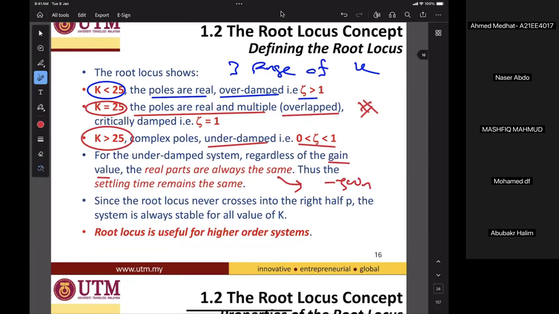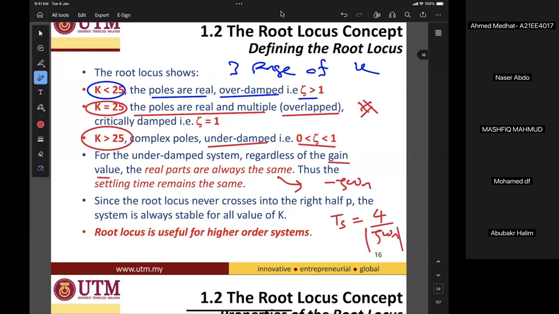We learned already the formula for settling time, 4 divided by zeta omega n, which is a modulus, a positive value. Even though the value is negative, we take the modulus value. So since for any gain value the real part is always the same, 4 divided by zeta omega n gives you the same settling time.